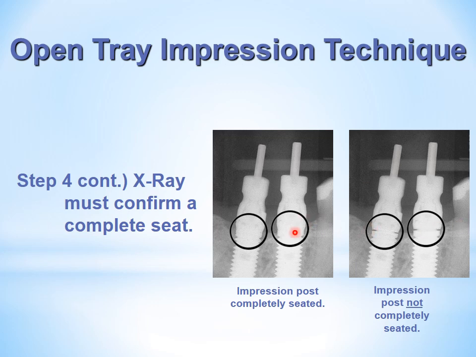We can see here the X-ray and see that the impression post is completely seated, while in the second X-ray the impression post is not completely seated and there is a space between the impression post and the implant.